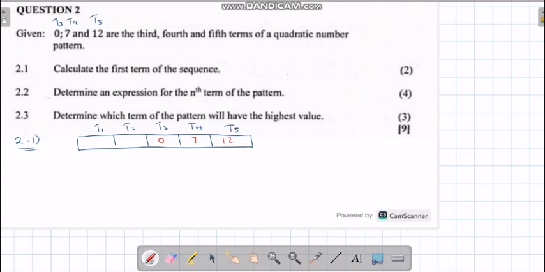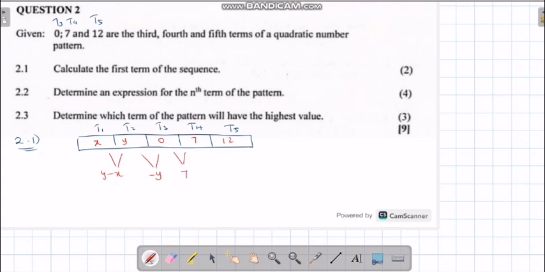Okay, not a problem. So I'll say this is x, this is y. Okay, so now let's check. Our first term is x and our second term is y. Okay, but it says 2 marks. Okay, so now I'll do this thing. y minus x, 0 minus y, which is minus y.